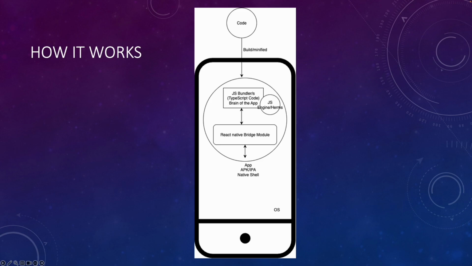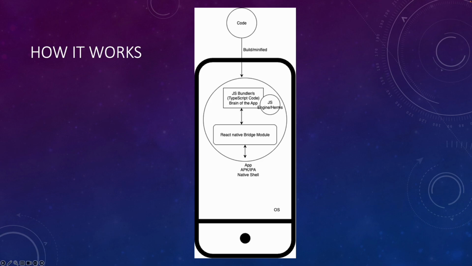Other than that, this native shell includes all the native UI components. The actual native UI components are not directly in your JavaScript bundle. They reside within the native operating system libraries. The native shell contains the necessary code to instantiate and manage the native components based on the instructions from your JavaScript layer.